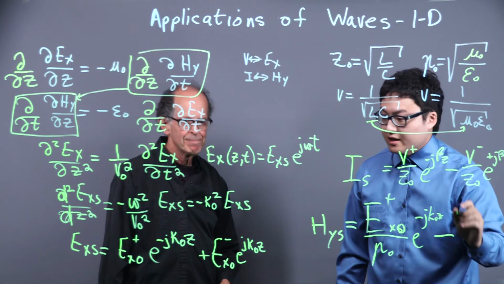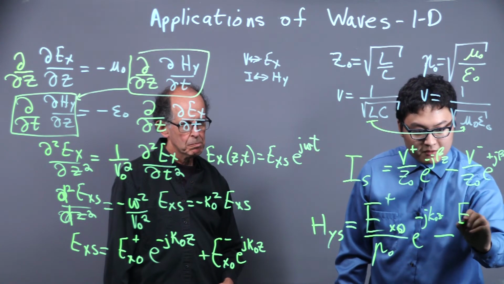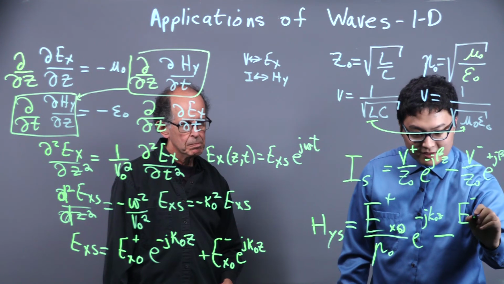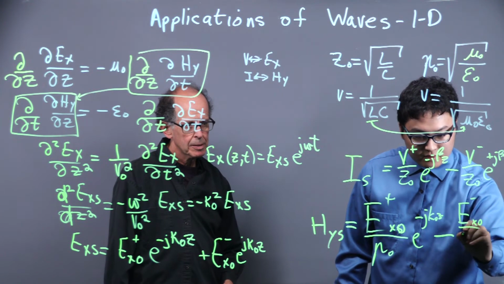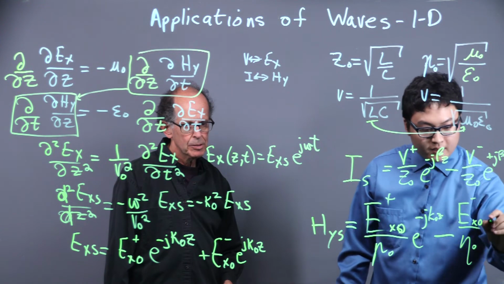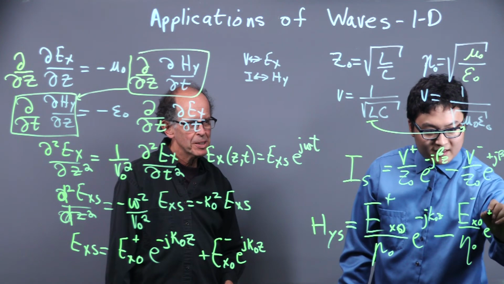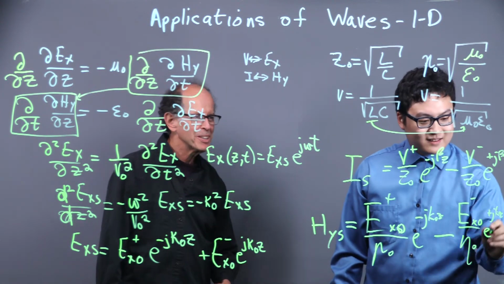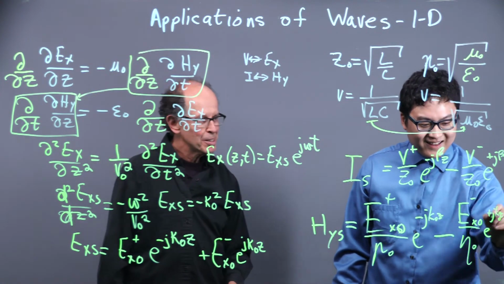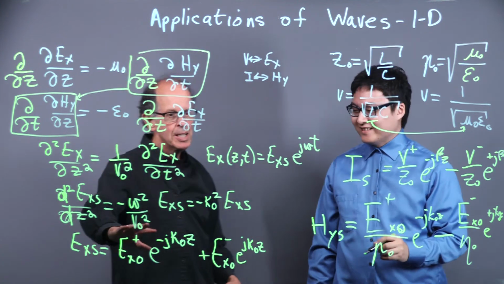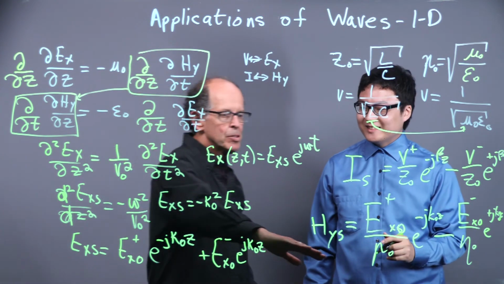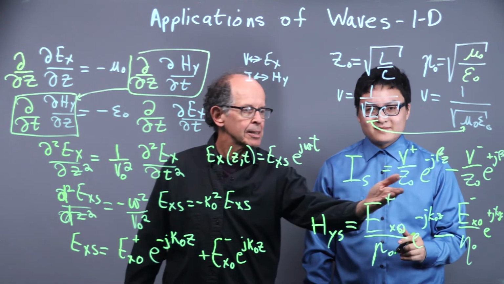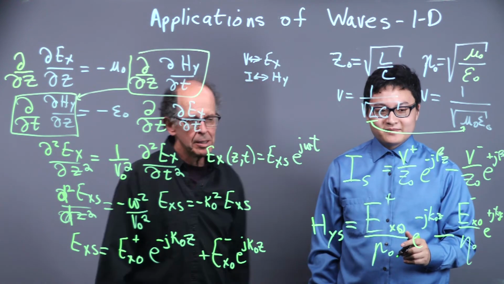Minus, because of the minus sign here, E x naught minus over eta naught, giving lots of room for the exponential, e to the j k naught z. So you can see this is E and this is H. It goes exactly from the transmission line equations.